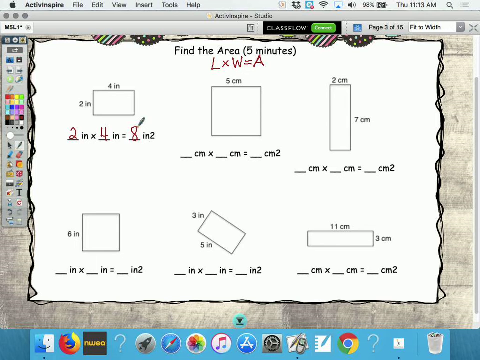Use nice handwriting because we are recording. Abdiel, you're first. This is kind of a trick because they only gave you one side, but it's a square. So I'll help you through it. Come on.